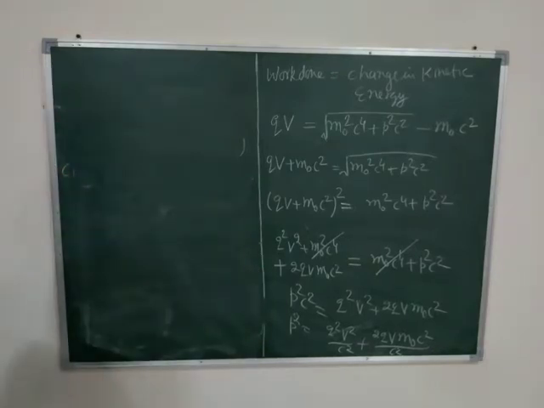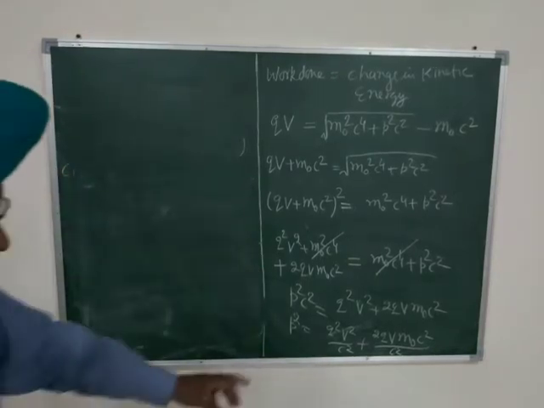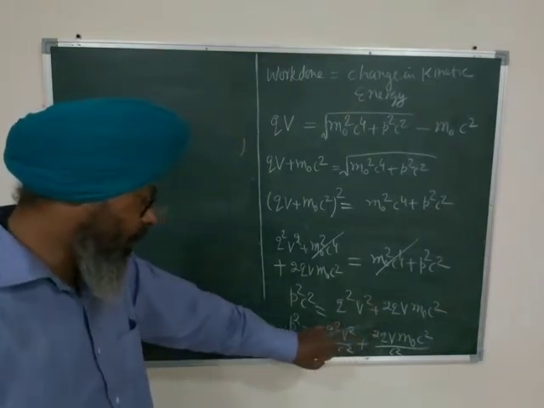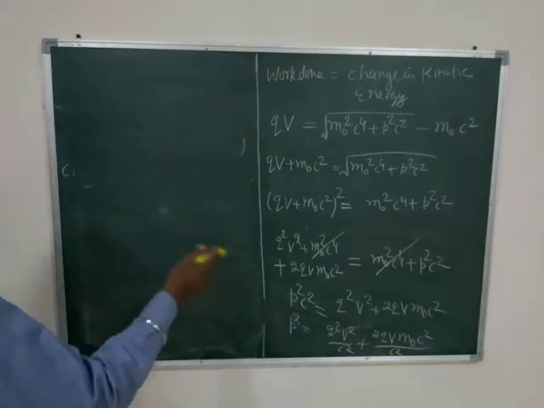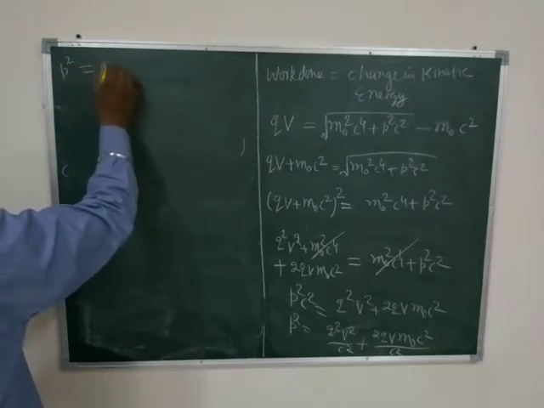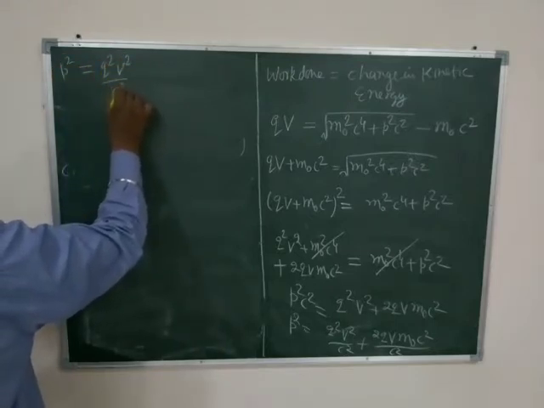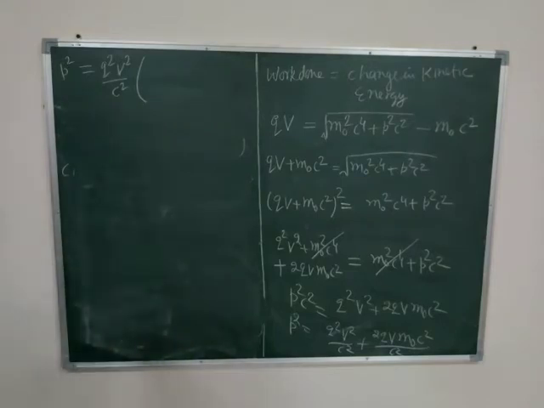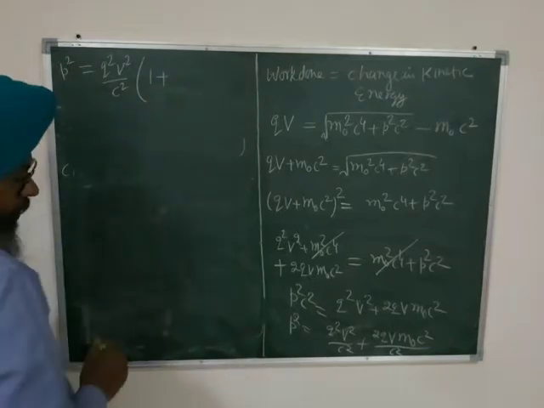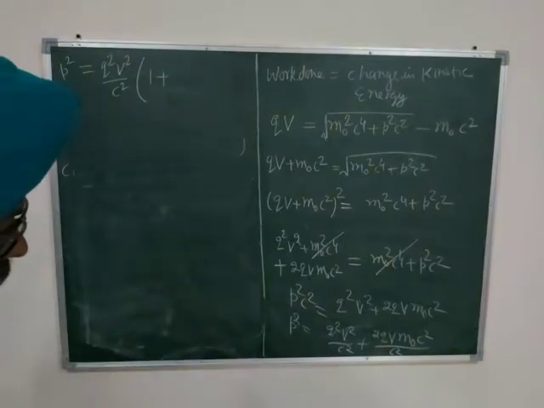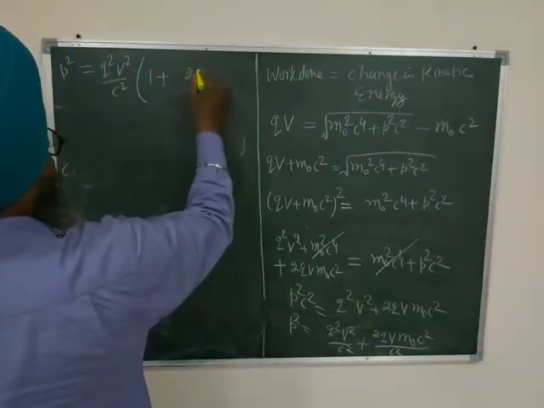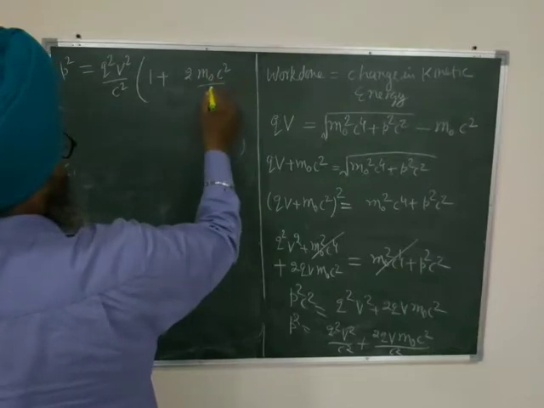Now I can take Q square V square by C square. This quantity can be taken outside the integration of this right term. So P square will become equal to Q square V square by C square, and inside the round bracket the first term will give me 1 and the second term will give me 2 m naught C square upon QV.